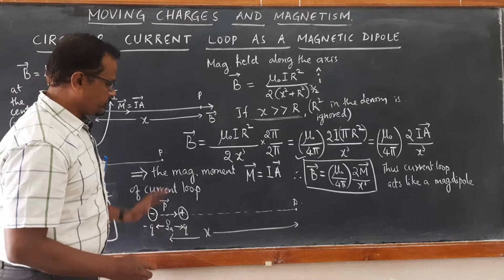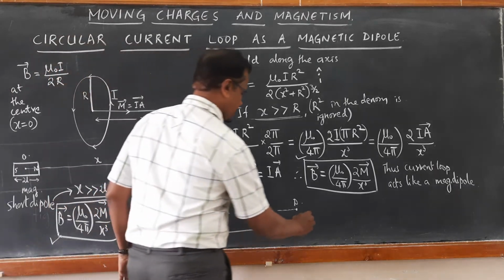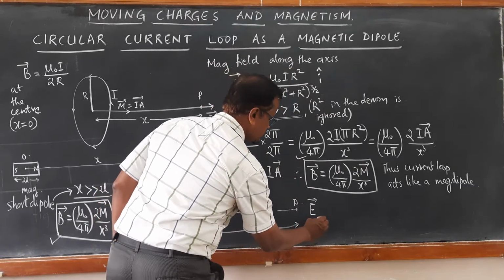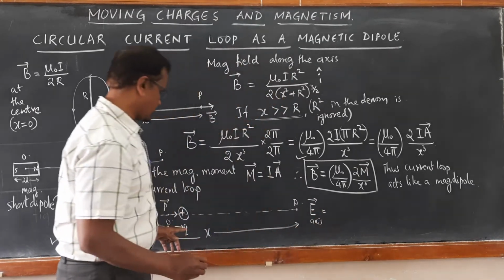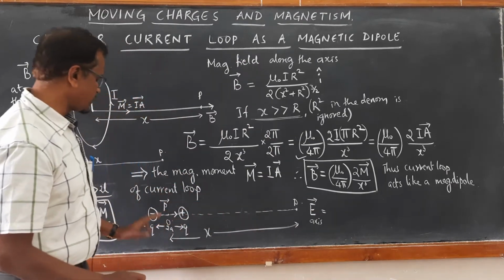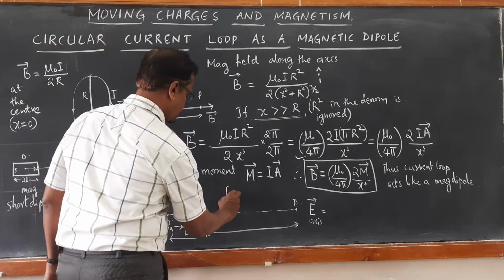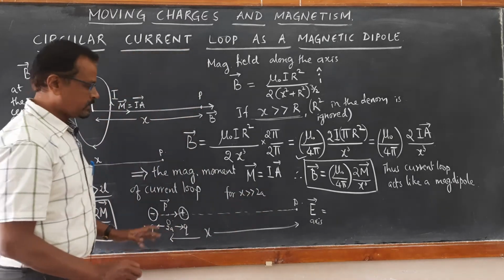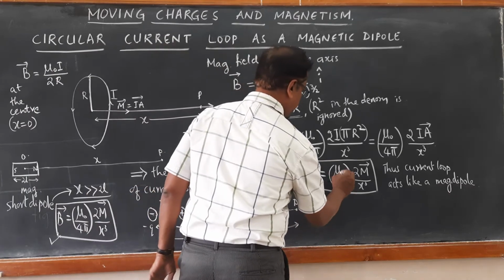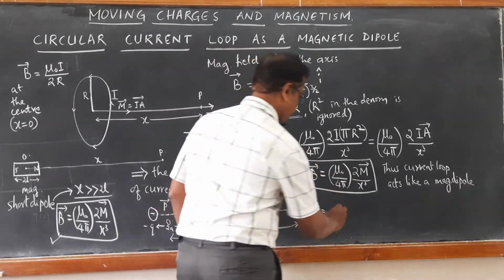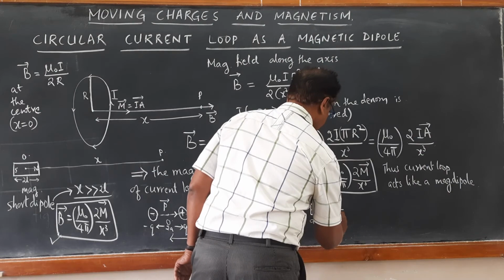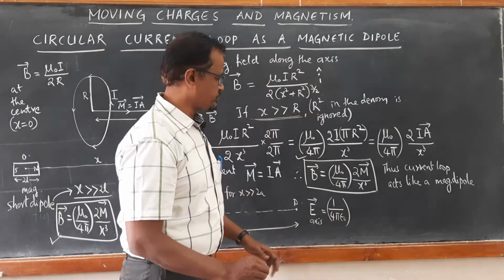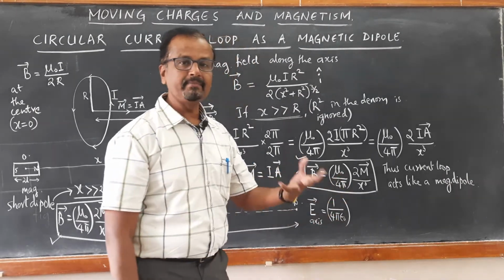So the electric field along the axis for a short dipole, for a distance x very much greater than the dipole length 2A, we got the equation, if you recall, where mu naught upon 4 pi is replaced by 1 upon 4 pi epsilon naught, where epsilon naught is the permittivity of free space, and here mu naught is the permeability of free space.